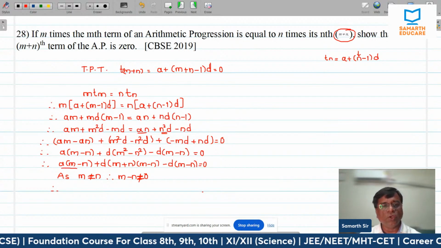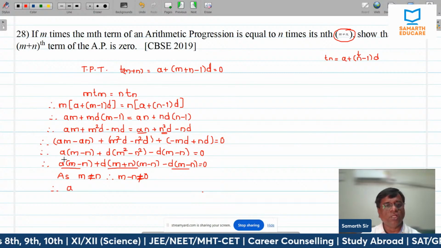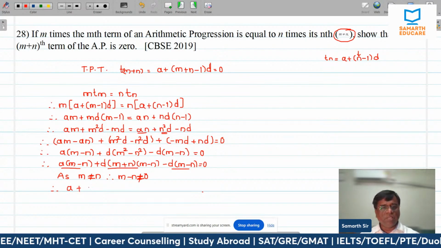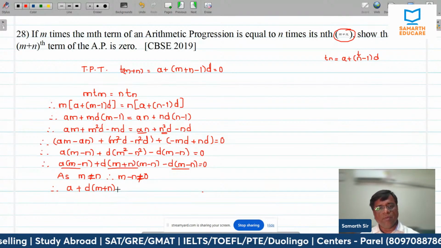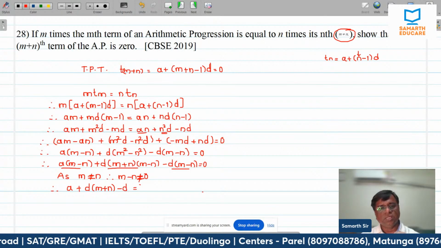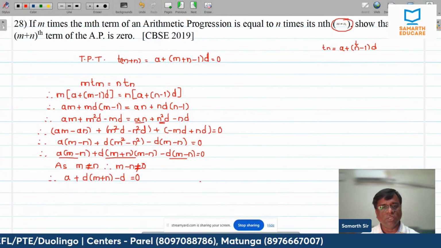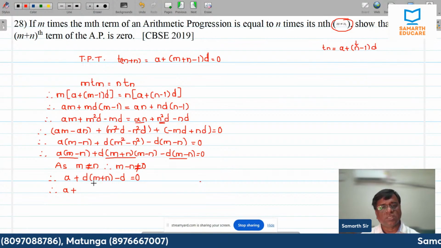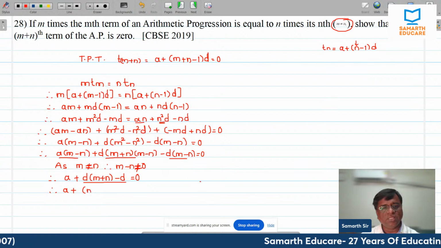If I divide the whole equation by m minus n, after dividing, a remains here, d into m plus n remains here, and minus d remains here, is equal to 0. Now observe this carefully, this is very important. From a plus these two terms I can take d common. So what remains inside is m plus n from here.